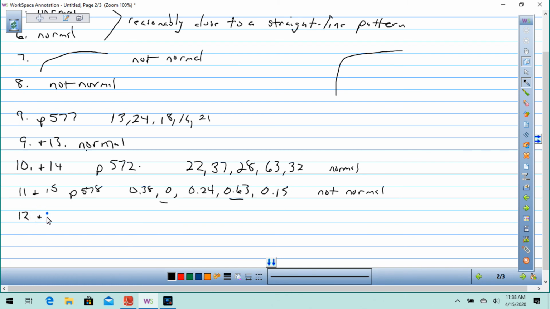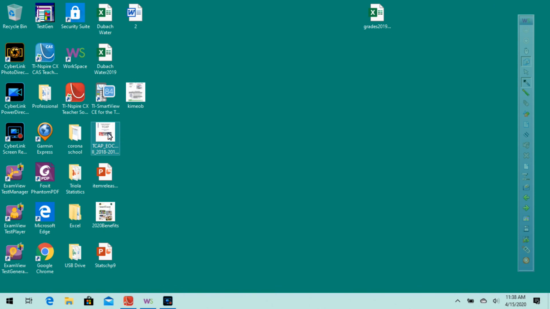What about 12 and 16? Diet Coke. The weight in pounds of contents in cans of Diet Coke as listed in data set 26. Let's try the 84 again. Show you one more time how to do it.